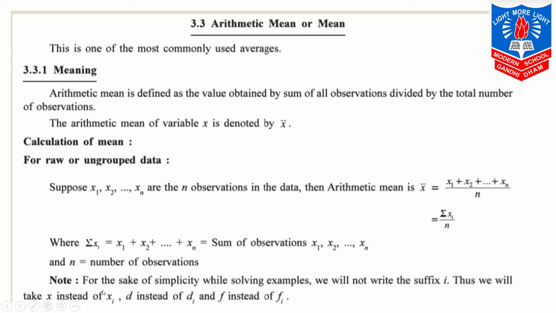Now students, note over here, for the sake of simplicity while solving the examples, we will not write the suffix i. Thus, we will take x instead of xi, d instead of di, and f instead of fi. To make it simple and easier, we will not put the suffix.